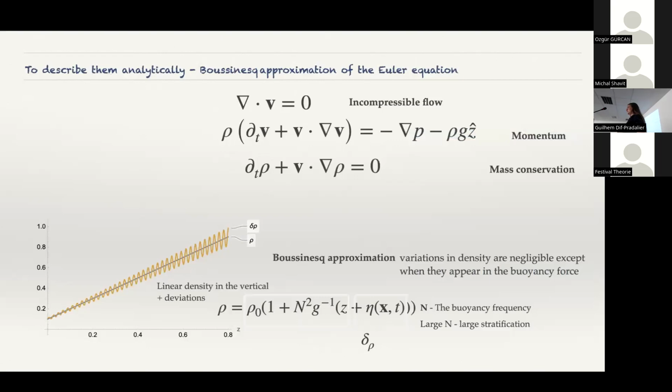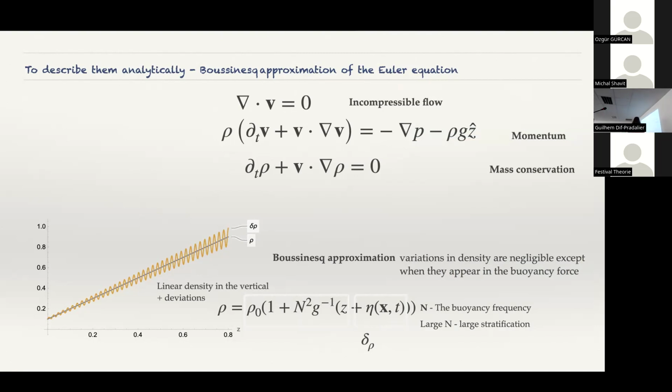And usually to describe them analytically, what is used is the Boussinesq approximation of the Euler equation. So this is the Euler equation for an incompressible fluid, where I included also the gravity force in the vertical direction. So z will be my vertical direction, and the density is not constant, so there is a mass conservation equation, a continuity equation, for the density.